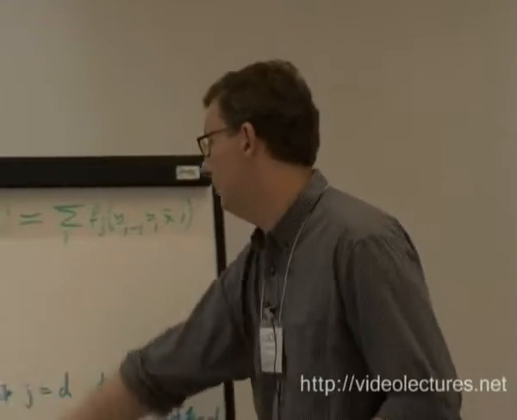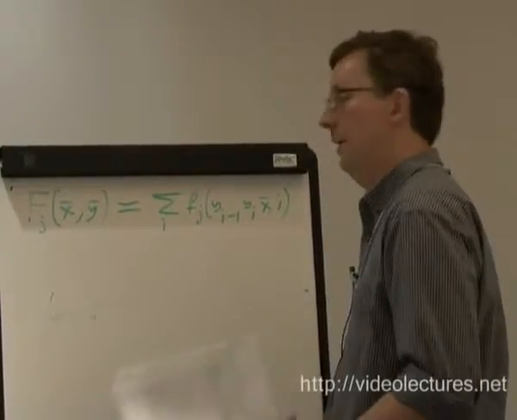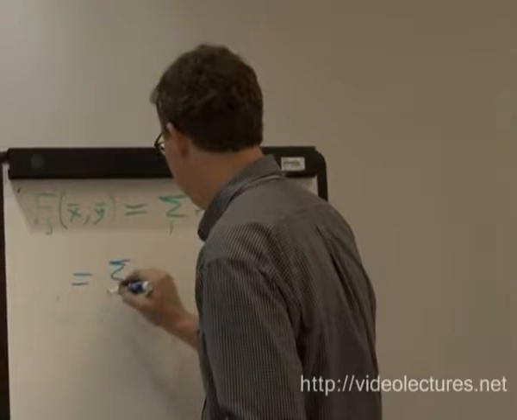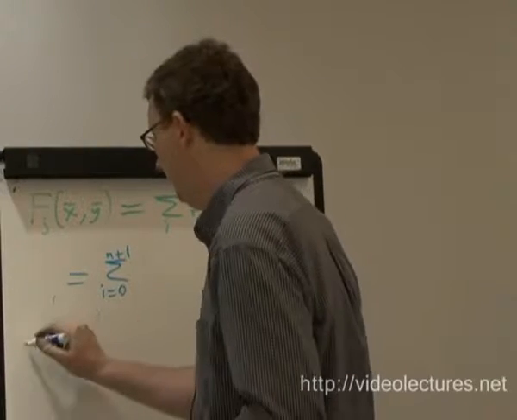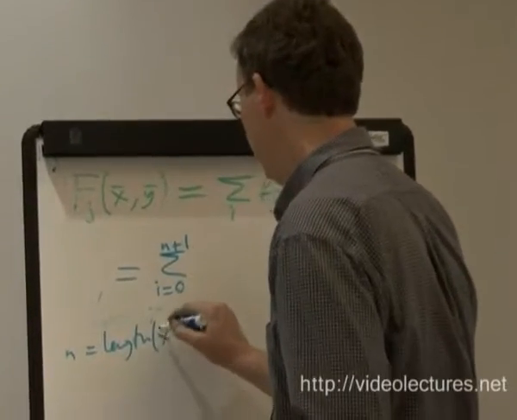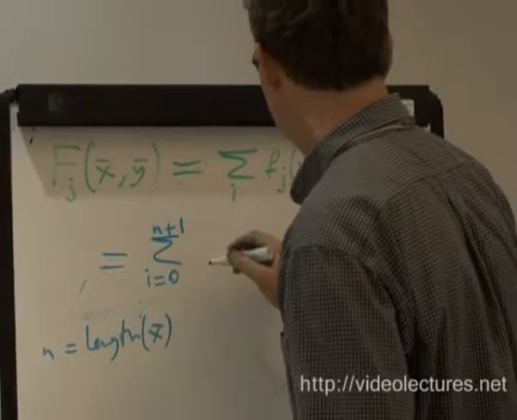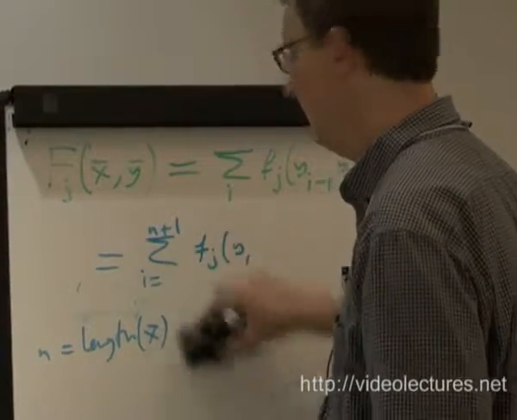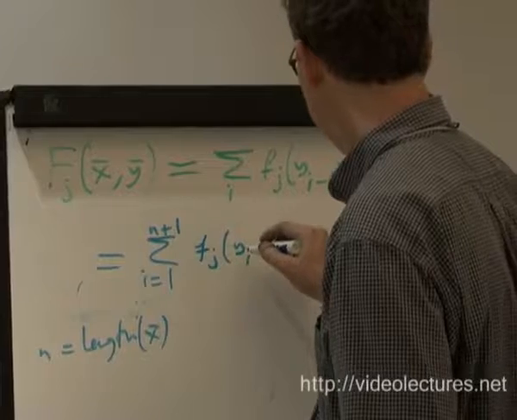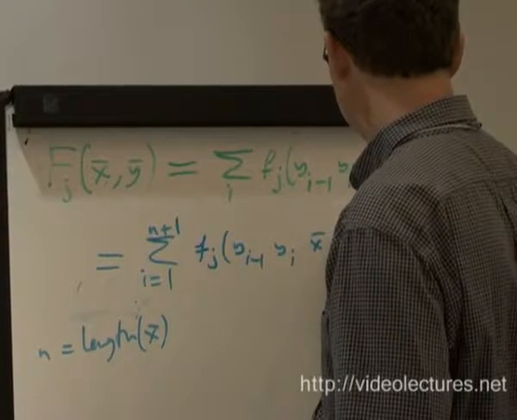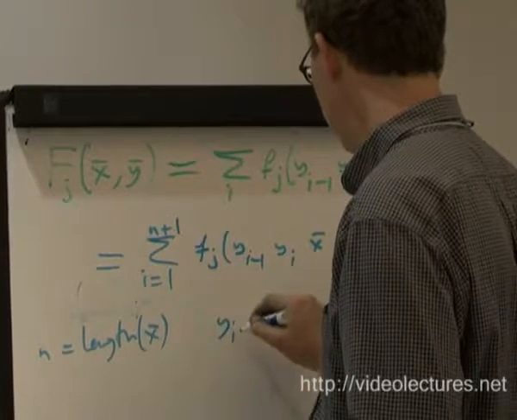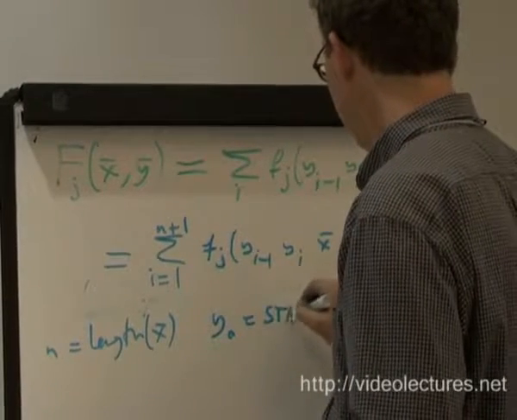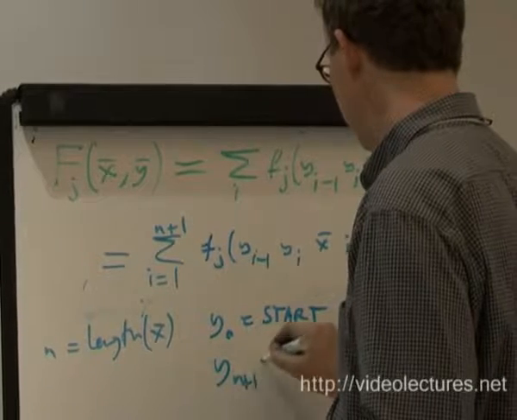So in fact, maybe something that's closer to what I would actually do in practice, is sum from i equals 1 to n plus 1, where n is the length of x bar, of fj of yi minus 1, yi, x bar, i, where I define y0 is start and yn plus 1 is end.